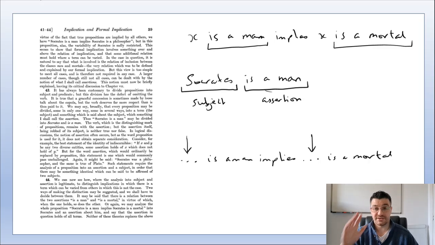Now, obviously, we can say to somebody, "here's some kind of relation of these two assertions. Is a man implies is a mortal. There's two spaces here. You can only fill these spaces with the same term."